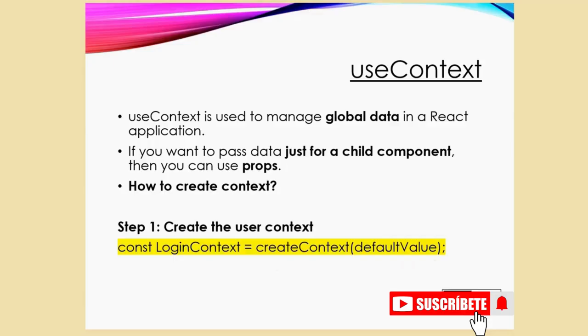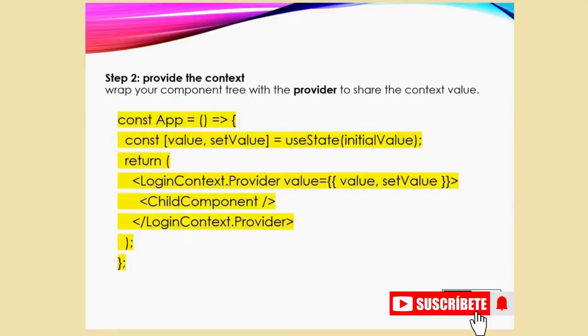Then step number two, provide the context. Here we provide the values, with the initial value from useState, return the function, LoginContext.Provider with value and setValue, and the child component name. In my case, the child component name is this; in your case, you can change the name. Then close the provider.